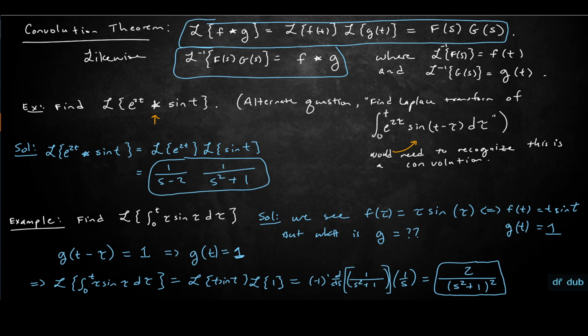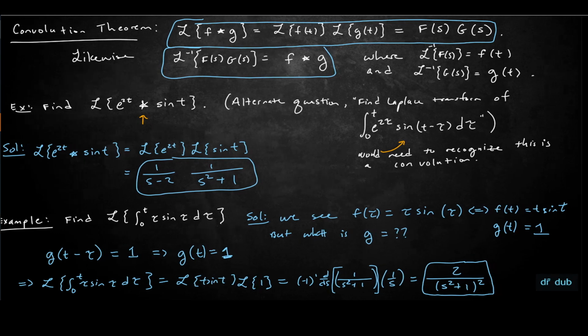So now we have a way to take transforms of integrals. And actually this is a very special case that we want to highlight in general. So in general, for the Laplace transform of some integral from 0 to t of f of tau d tau, you always have g of t equals 1.